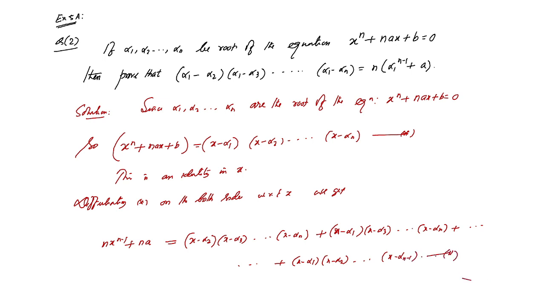This is double star. Now we put x equals alpha 1 on both sides.